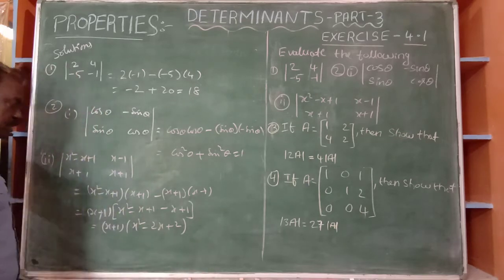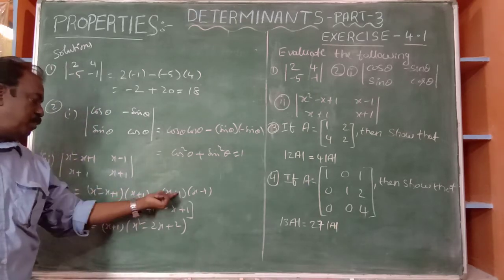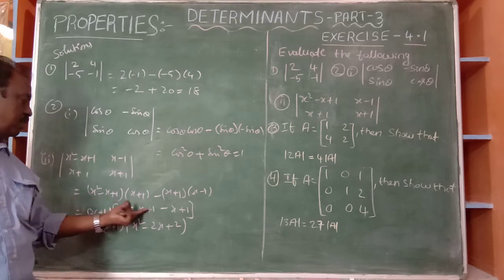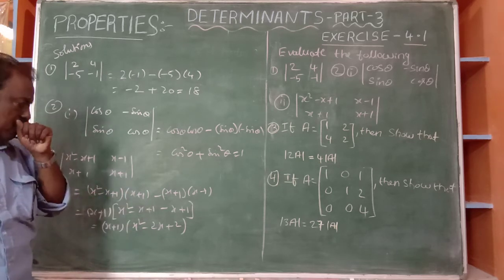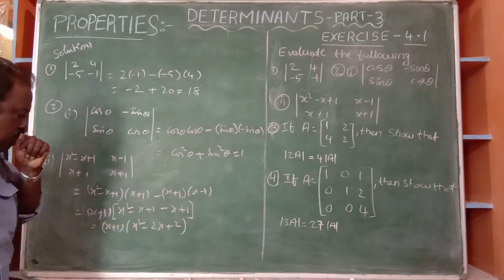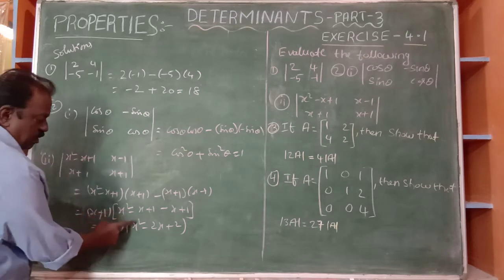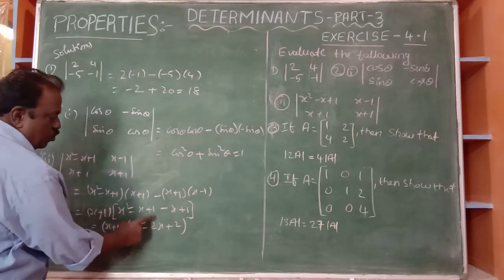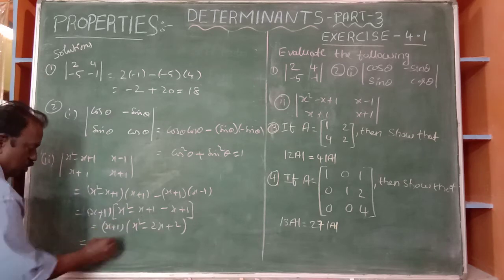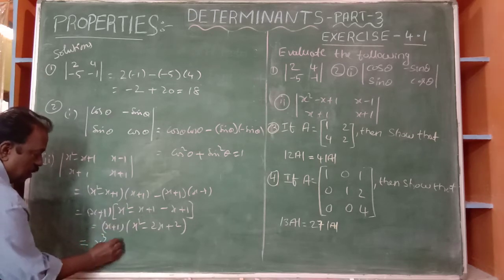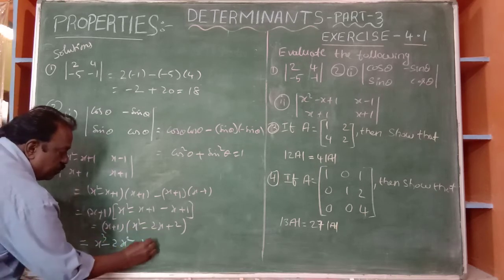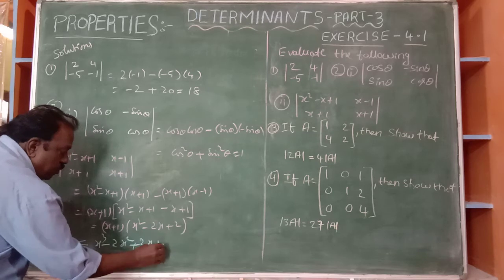Expansion. x plus 1 is common, and here in the bracket, x square minus x plus 1 minus x plus 1, that is x square minus 2x plus 2. Now this is x into x square, x cube, minus 2x square, x into minus 2x is minus 2x square, plus x into 2, 2x.